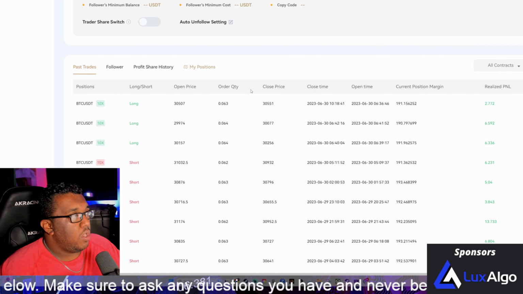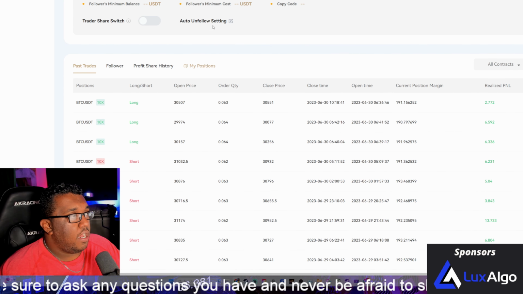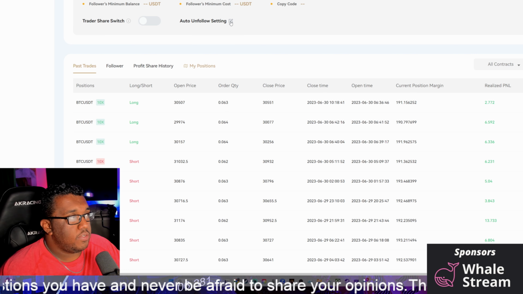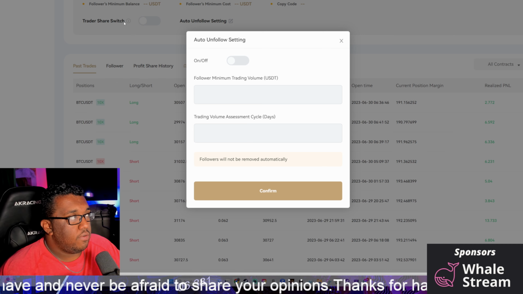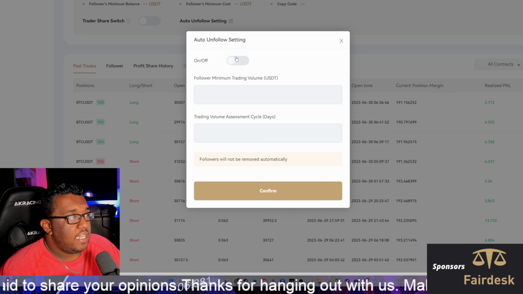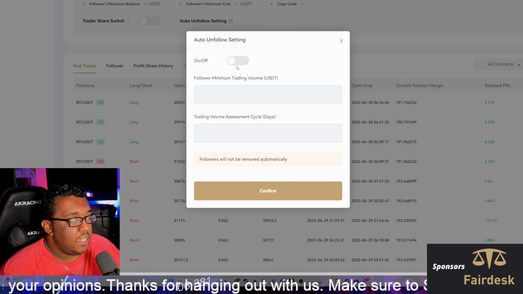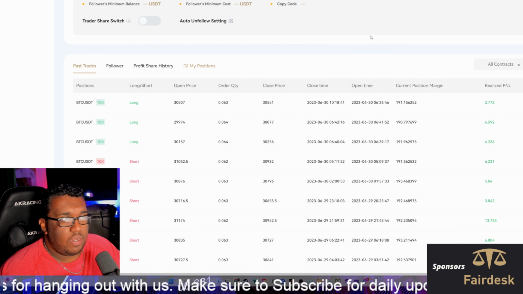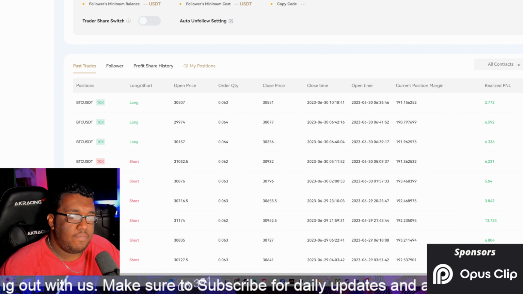Now, one other thing I want you to understand: us as traders, we have this little thing called the auto unfollow setting. A lot of copy traders in the market will have this. It basically means that if you don't have enough money, it'll boot you. I don't have this on because I'm usually fine with whatever people invest in me to make them money.